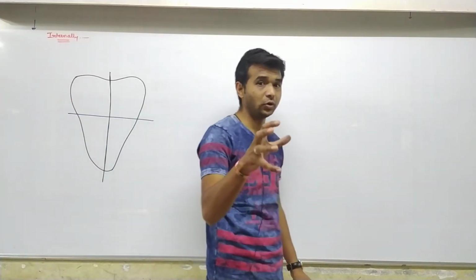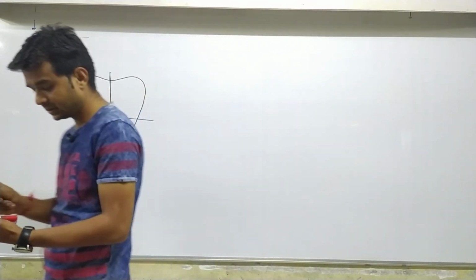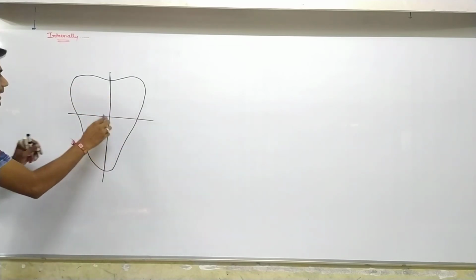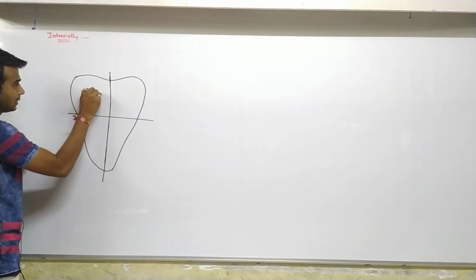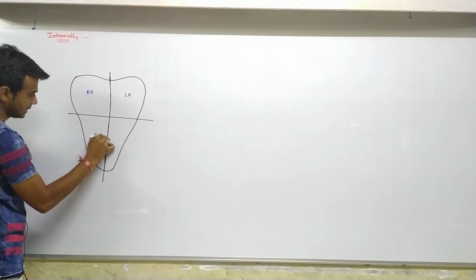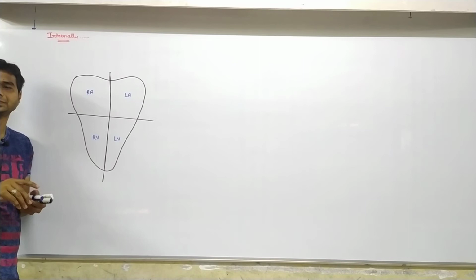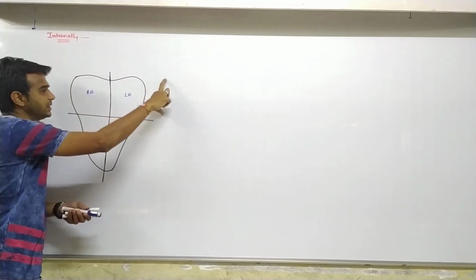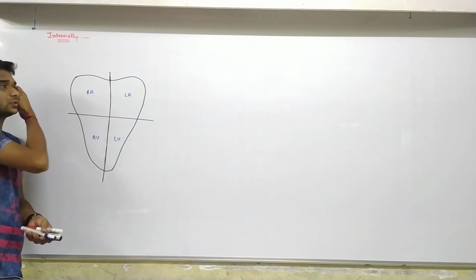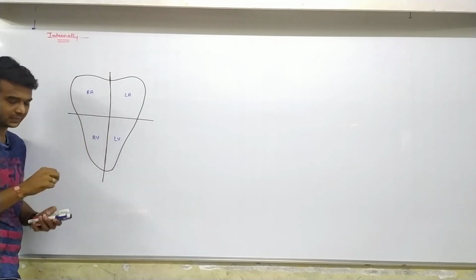Externally we are seeing all the grooves, but internally, please concentrate here, there are 4 chambers of the heart. This is RA, LA, RV, LV. Upper chambers are known as auricles, lower chambers are known as ventricles. This is the right auricle, left auricle, right ventricle and left ventricle.